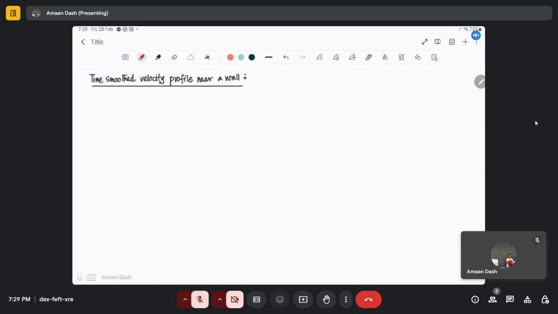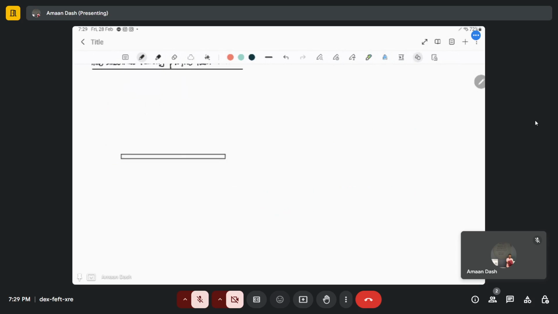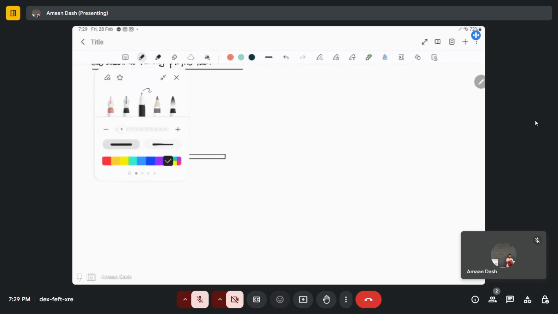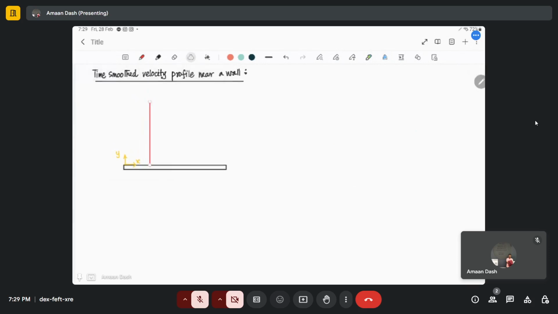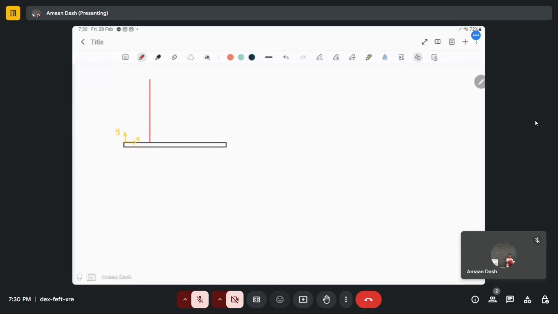Let me draw first and then we'll see. So this is the velocity distribution, you know that.